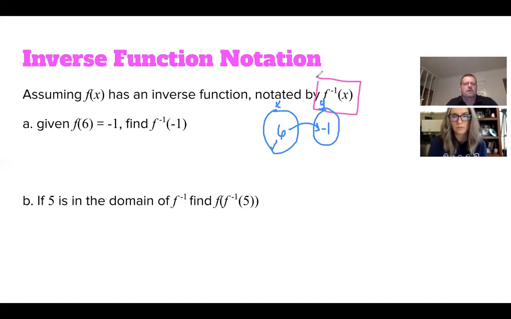Okay? So f of 6 is equal to -1. This is f, okay? And when we go backwards, like this, that's f inverse, okay? And I think this is actually really terribly unfortunate notation because a lot of people think that the -1 has to do with putting it on the bottom of a fraction.